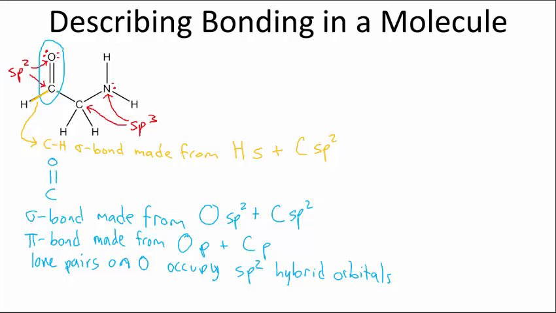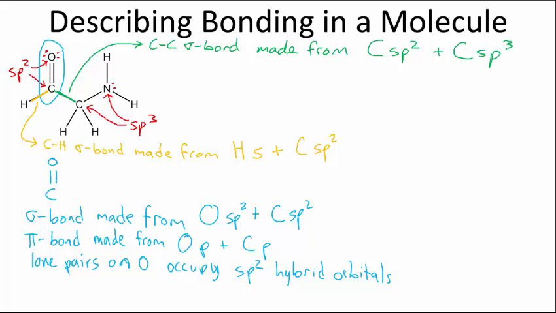Making a bond to the other carbon. So this green bond we could say is a CC sigma bond. What two orbitals make it? A carbon sp2 orbital and a carbon sp3 orbital, because those two carbons have different hybridization.